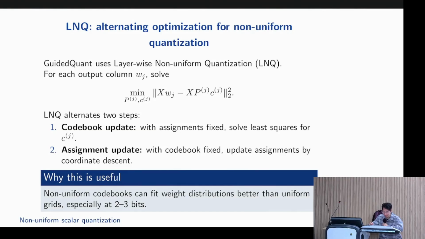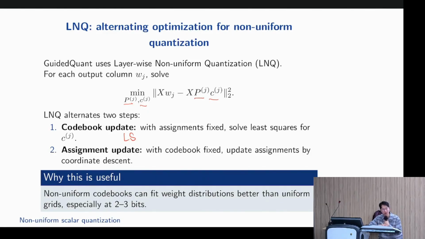And how do you solve this? We're going to optimize the assignment matrix P and the codebook simultaneously. Given P, we optimize over the codebook. That can be done in closed form. That's just least squares.